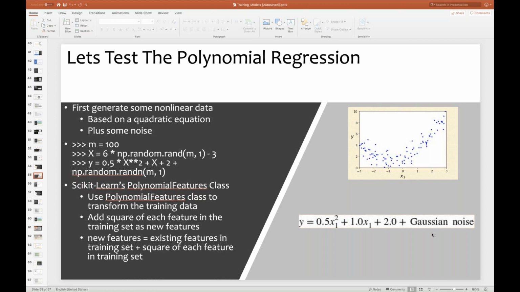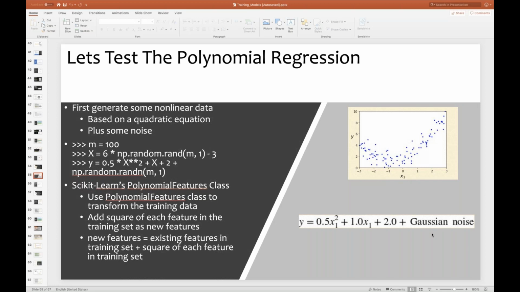Now, adding squares is nothing but, for example, you have 4, 9, 16. When you have 4, 9, and 16, your polynomial regression will take a reference number of 2, 3, and 4 and sum it up. When it is summing up, the new features, the 2, 3, 4, will be the new features.